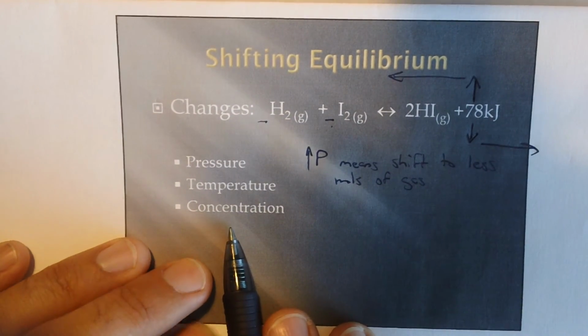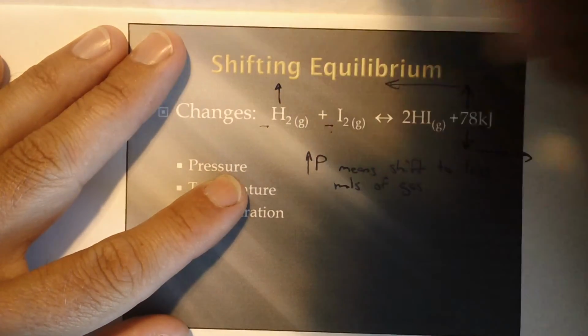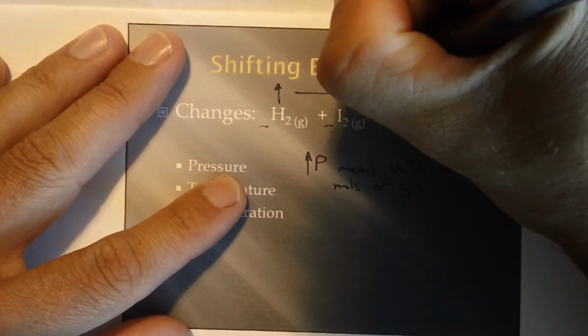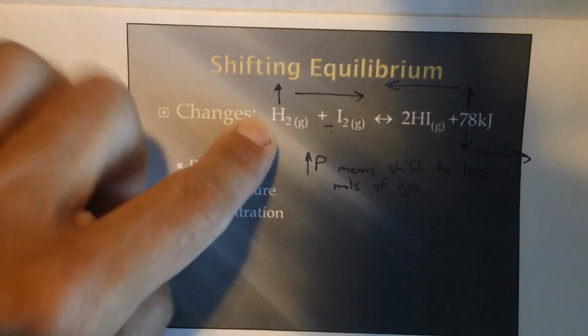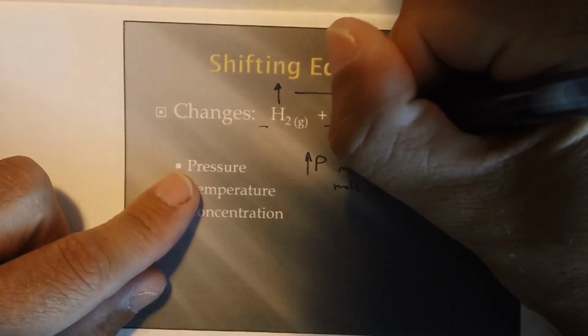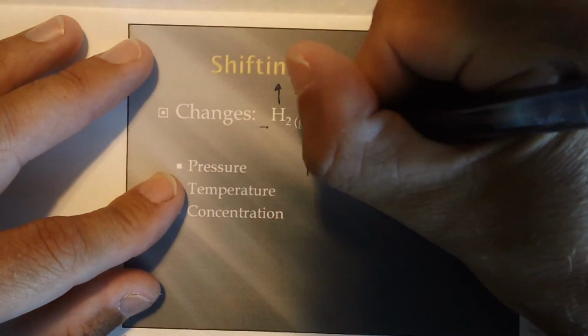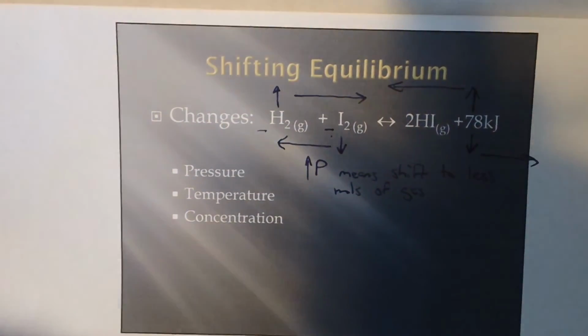Concentrations work the same way as temperature. If we increase the concentration of hydrogen, it shifts across the arrow. So increasing the concentration of a reactant would cause more products to form. If we decrease the concentration of a reactant, so we decrease iodine, it would cause the reaction to shift to the same side.